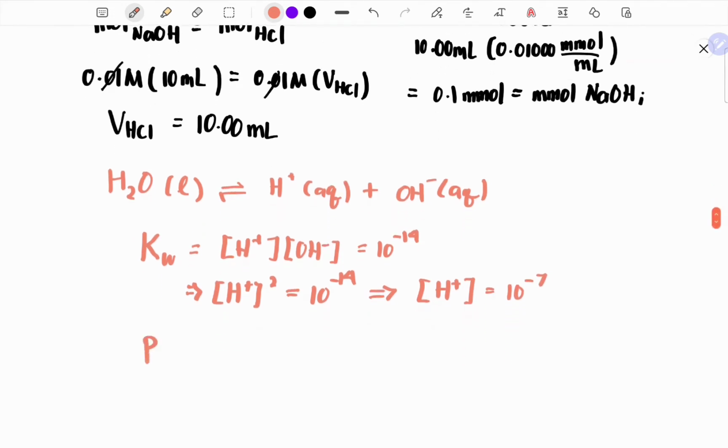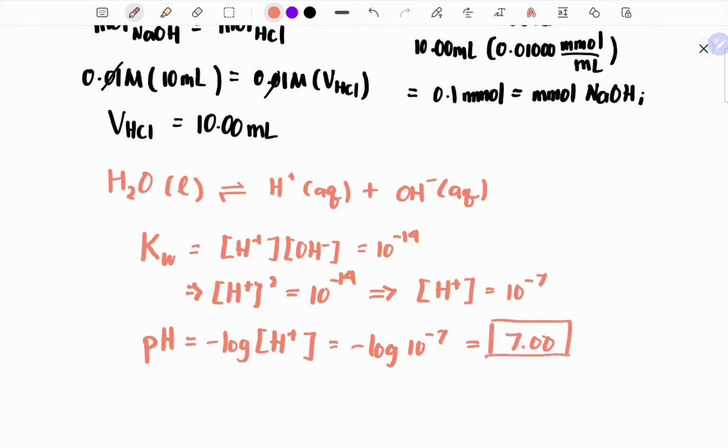So the pH at the equivalence point is the negative log of the hydronium ion concentration, or the hydrogen ion concentration. Negative log of 10 to the negative 7 is just pH 7. Alright, so you should have already had some idea that the pH would be 7, because again there is no acidic or basic species left to contribute to the pH.